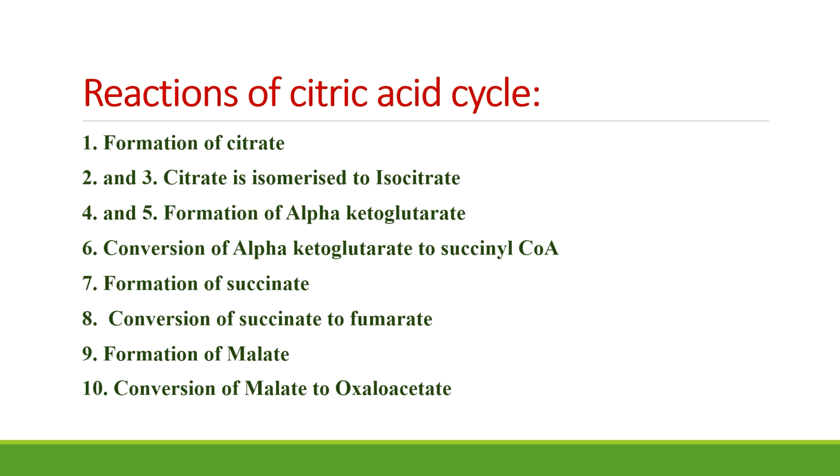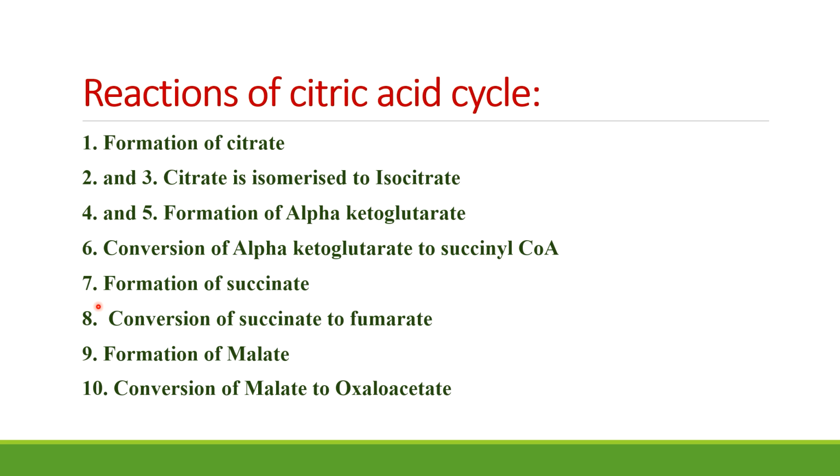The citric acid cycle comprises a total of 10 steps. The first step is the formation of citrate. Steps 2 and 3 result in the formation of isocitrate; citrate is isomerized to isocitrate. Steps 4 and 5 result in the formation of alpha ketoglutarate. Step 6 is conversion of alpha ketoglutarate to succinyl-CoA.